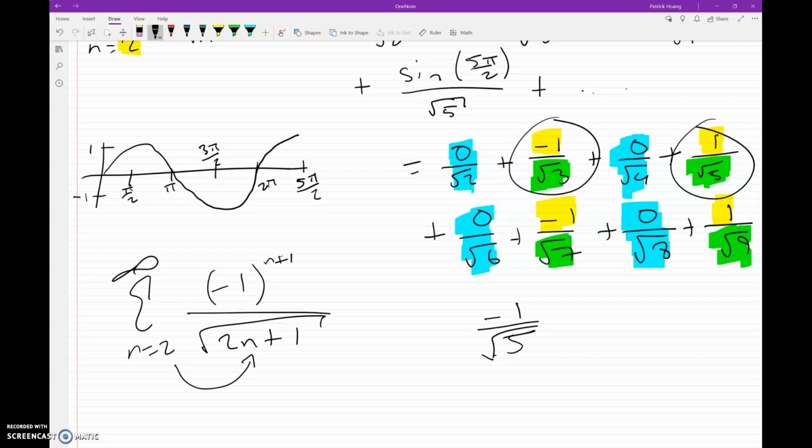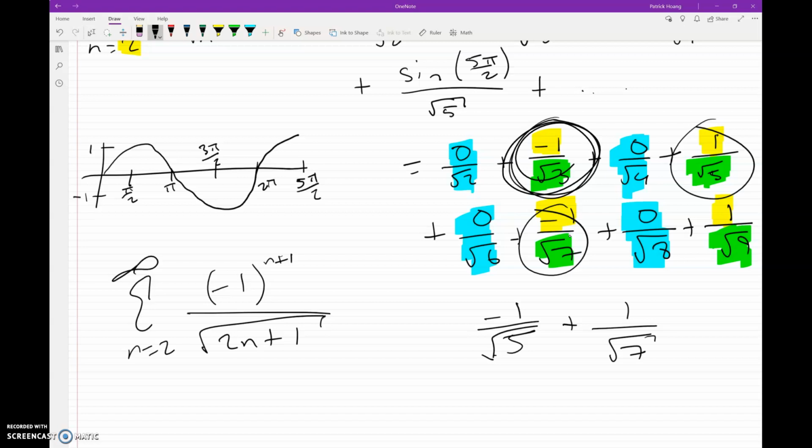Let's try substituting in n is equal to 3. If I substitute in 3, the numerator would be -1 to the 4th power, so it would be 1 over 2 times 3 is 6, plus 1 is 7. So the denominator is square root of 7. We have this term, but we're still missing that term.